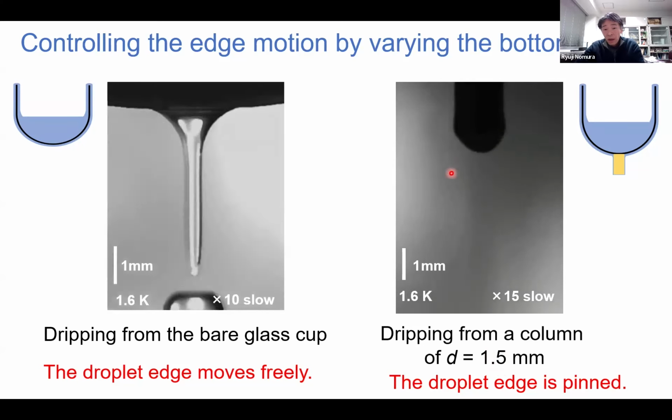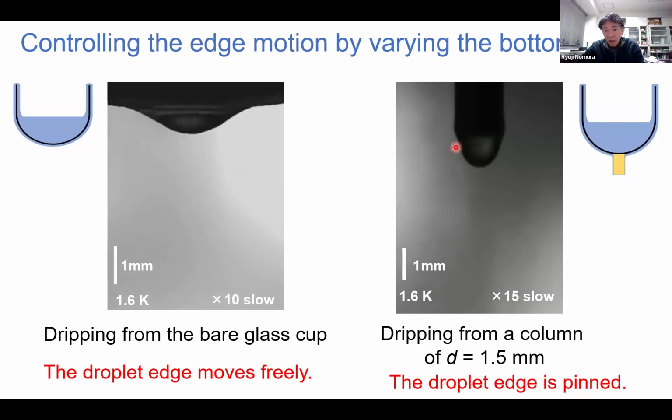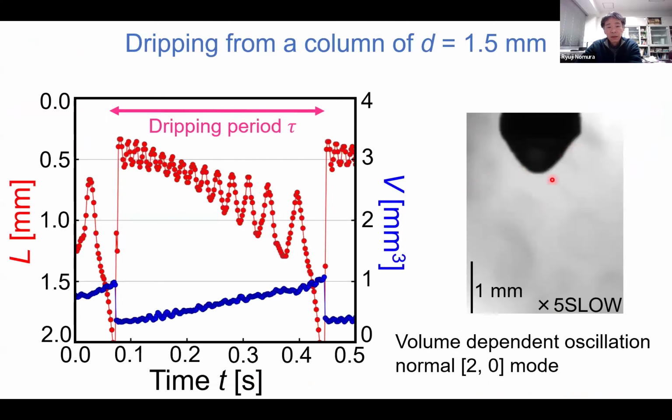Then you see that during the oscillation, the droplet edge is successfully pinned on the corner of this column. So the droplet edge can be pinned by this column. By changing the bottom shape, we can change the boundary condition for the motion of the droplet. Okay, I'll show again.